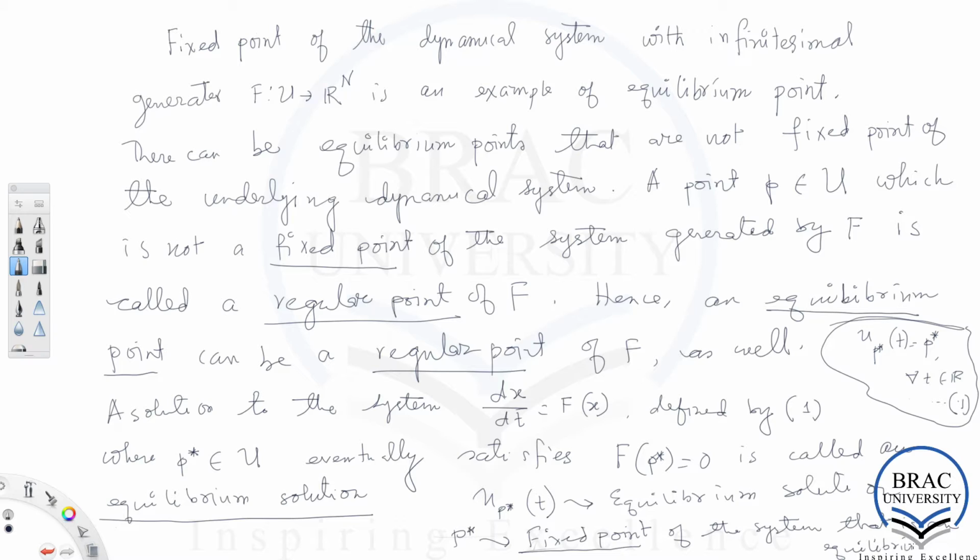So P star is an equilibrium point, whereas U P star at T is an equilibrium solution. Okay, so far so good.